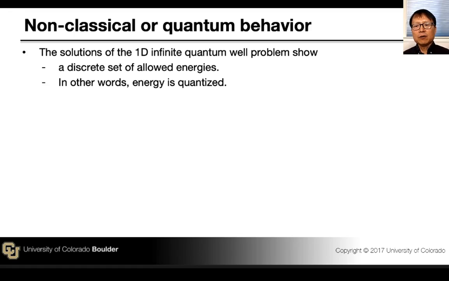There are a few non-classical behaviors we can notice. First, there is a discrete set of allowed energies. In other words, energies are quantized. This is a very important and uniquely quantum mechanical behavior. The energy being quantized is the phenomenon from which the name quantum mechanics is derived, obviously.